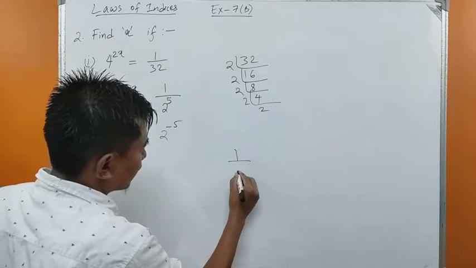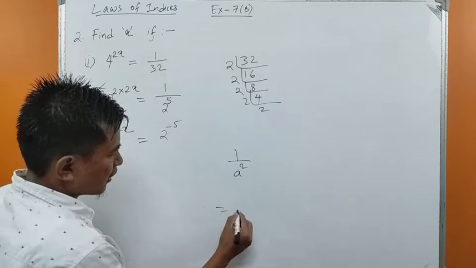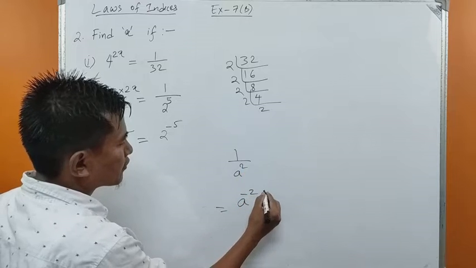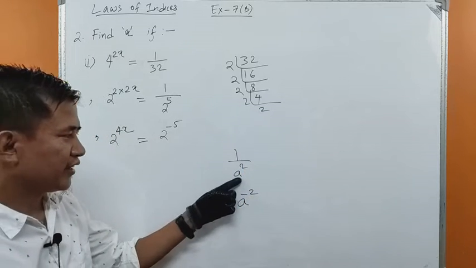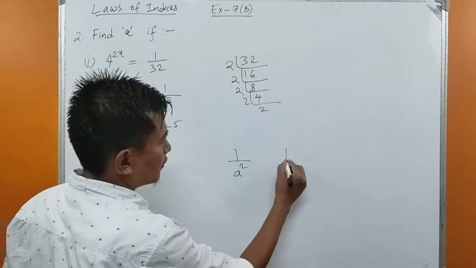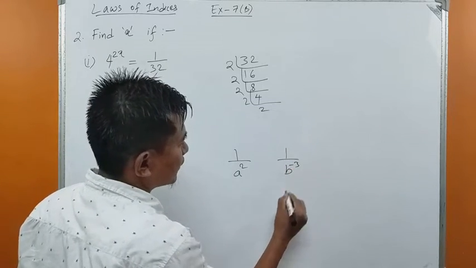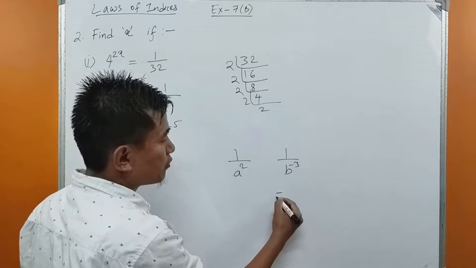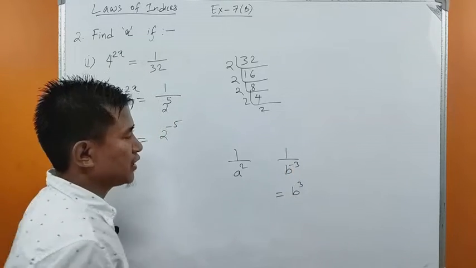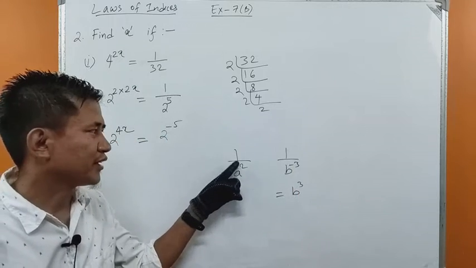So if we have a squared in the denominator, and we take this a squared to the numerator, the sign of the power changes to minus. Okay, 1 upon a squared becomes a to the power minus 2. Similarly, if I have 1 upon b to the power minus 3, if I take this number to the numerator, it is b to the power 3, this minus changes to plus. If the power is plus, then it becomes minus.